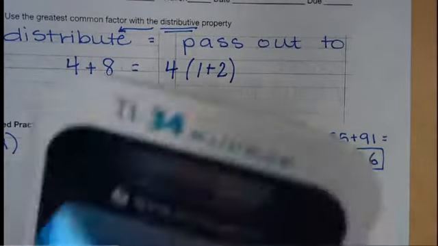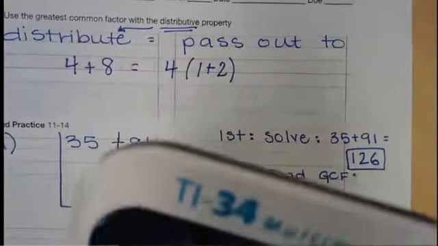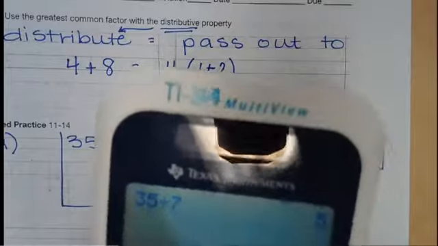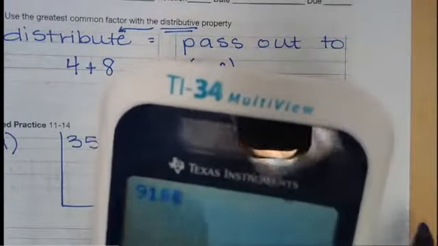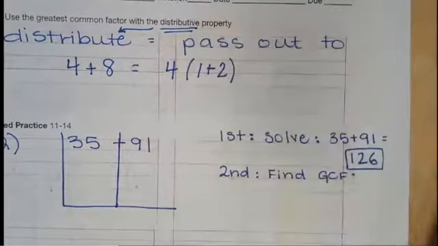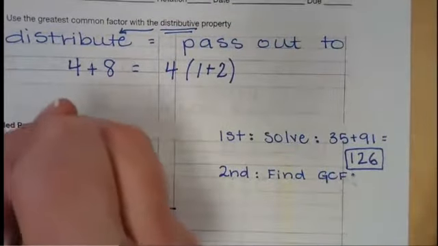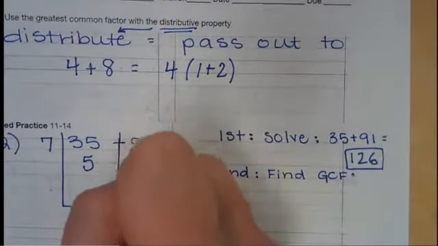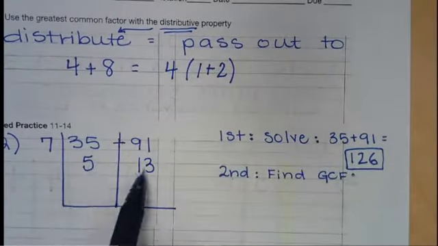In my calculator I could do 35 divided by 7, you should know that would work. That's a math fact. 91 divided by 7. Ooh, some of you probably didn't know that one would work. So both of these can divide by 7. 35 divided by 7 is 5, and 91 divided by 7 was 13. Those both are prime numbers, so I stop.